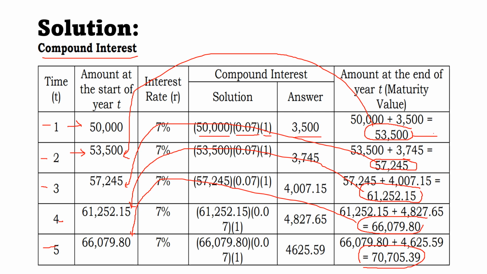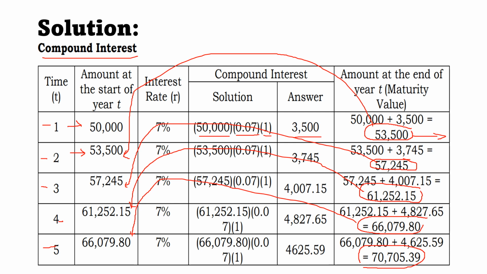That's why it becomes 53,500 pesos. By definition, compound interest is interest on interest, because whatever your future value or maturity value in your first year of payment becomes your principal in your second year of payment, and so on. It's the same process up to the last year of payment.